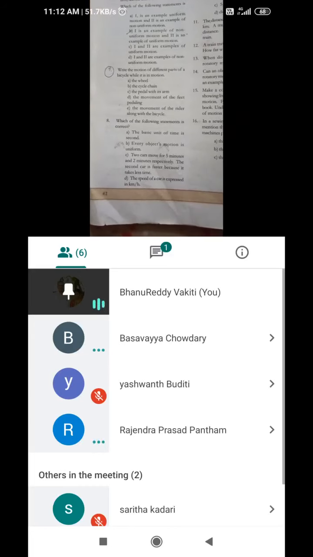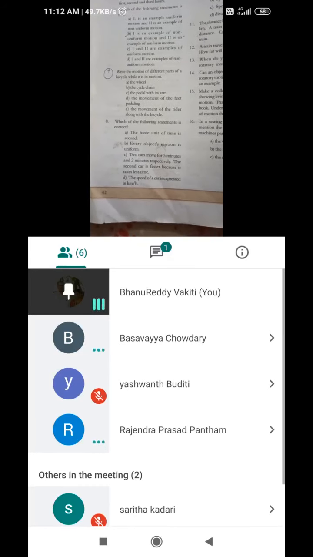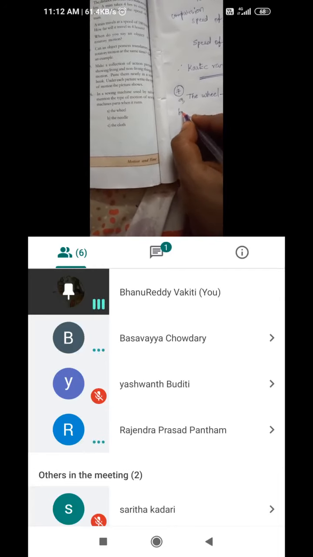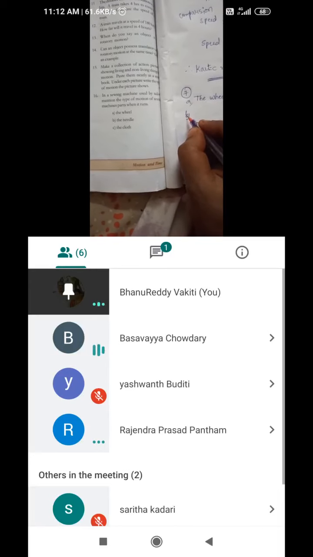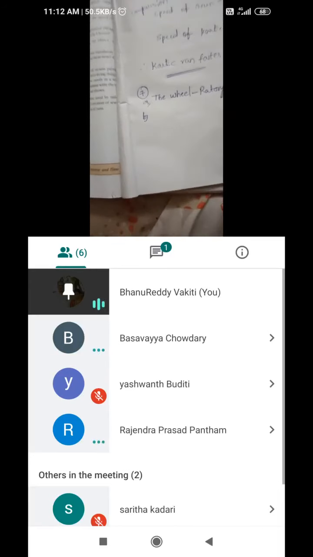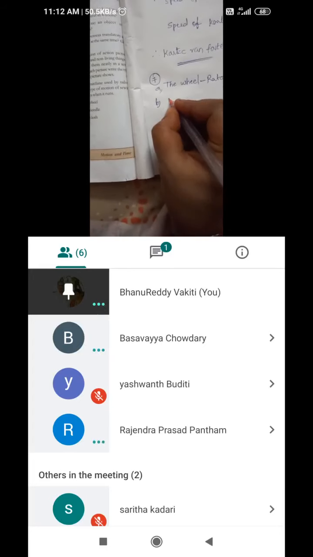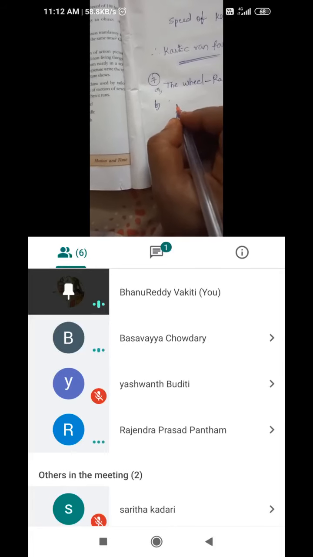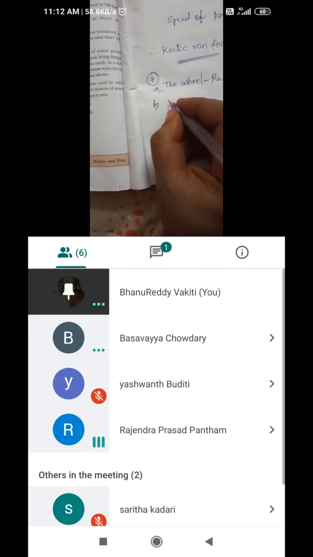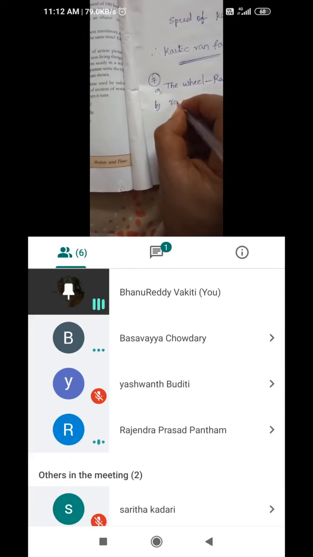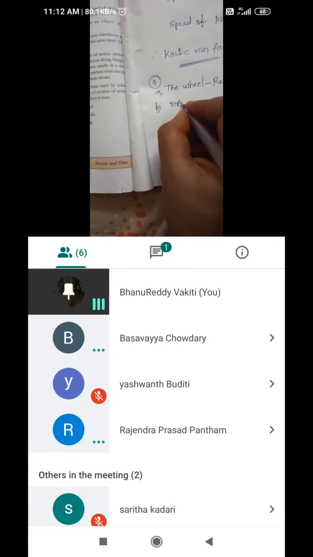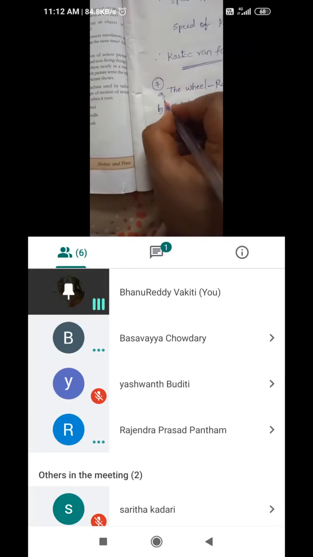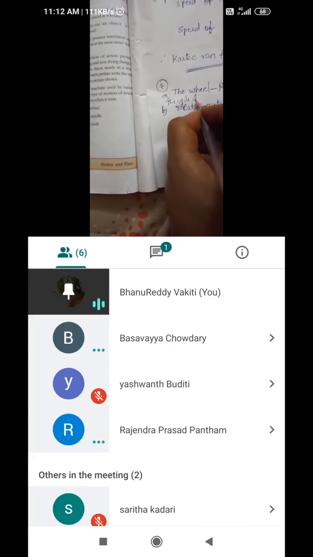Yes, Nana, like that only we should write. Here the wheel of the bicycle has rotatory motion. The basic unit of speed is meter per second, not kilo. The bicycle chain, the cycle chain, goes around the wheel, so it is rotatory motion.